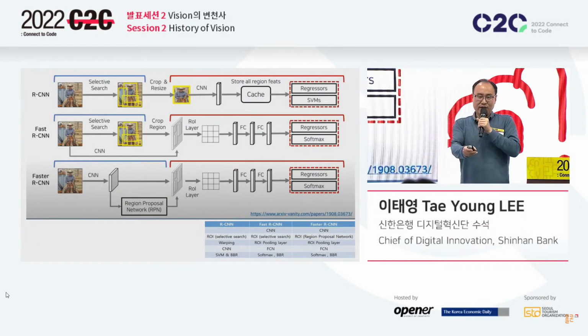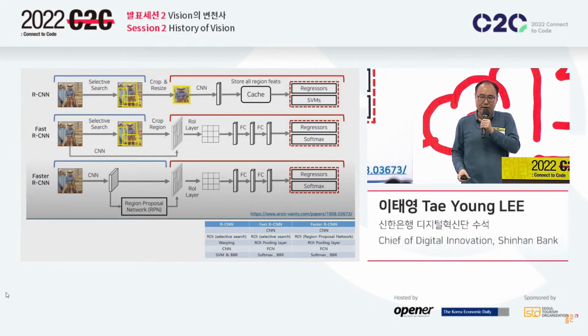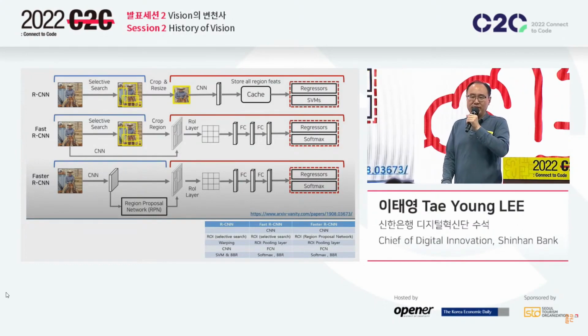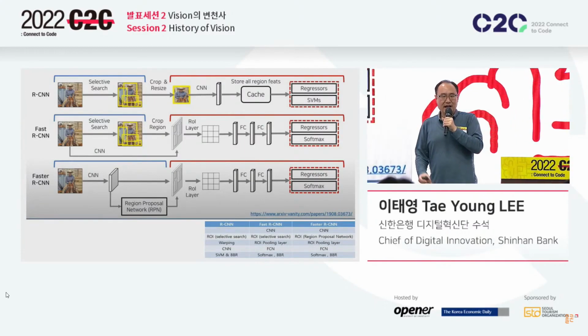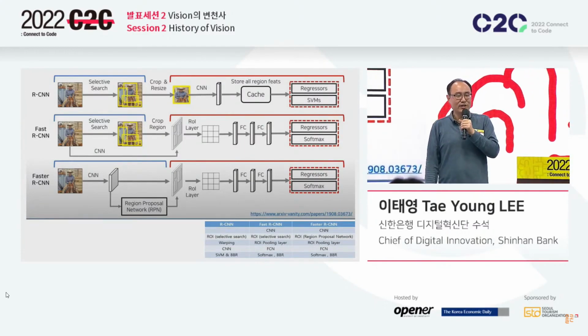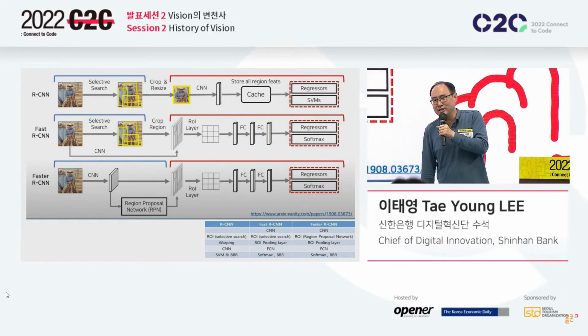As you can see from this architecture diagram, there's a regressor and SVM, and they can be exchanged between the two concepts. And also there's a cache area, and that can be changed to this. And although regression and softmax are used in 3 different areas here, there's still another area that can be separated from here.